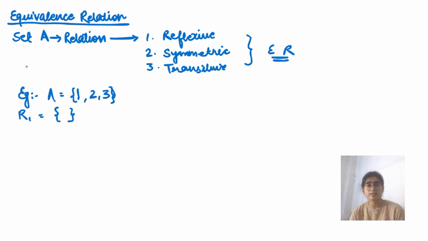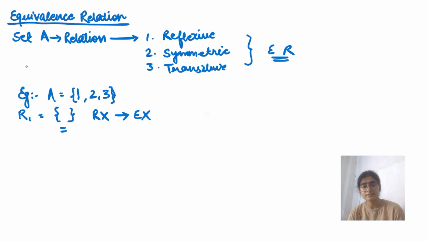If you have already studied reflexive relations, you know that if there is 1, then there should be (1, 1), (2, 2), and (3, 3). But in this one, there is no (1, 1), no (2, 2), and no (3, 3). So this relation is not reflexive. And if one of these three conditions is not satisfied, then of course we can say that this relation is not an equivalence relation. So this can be proved very easily.